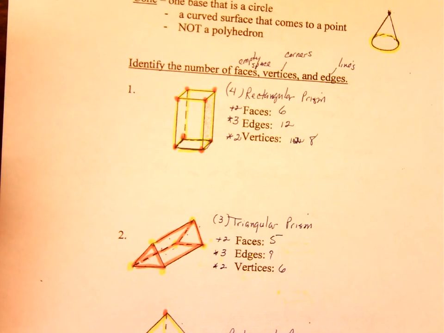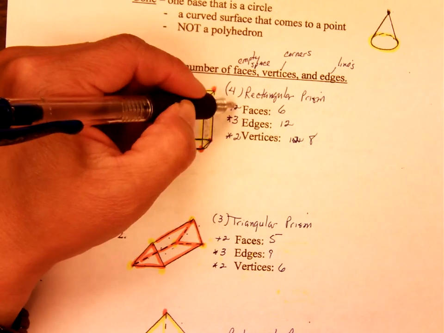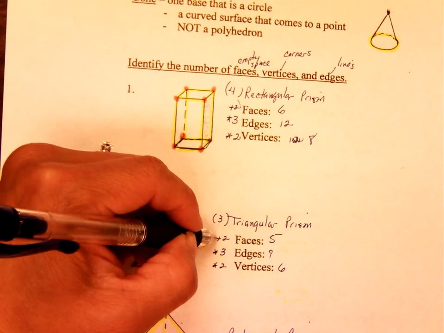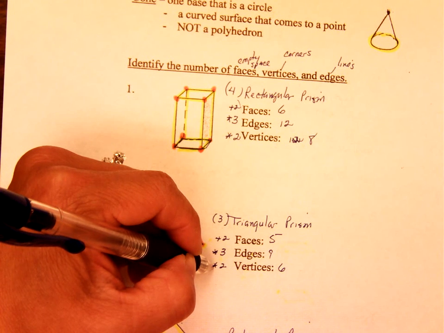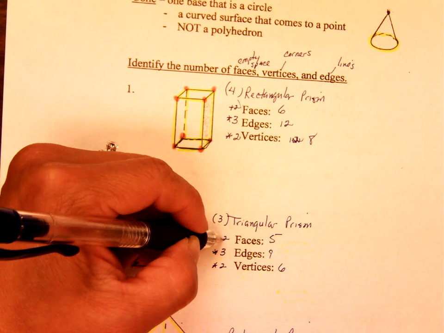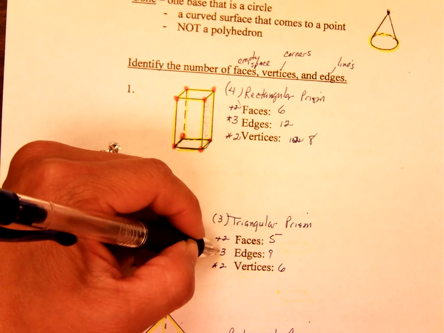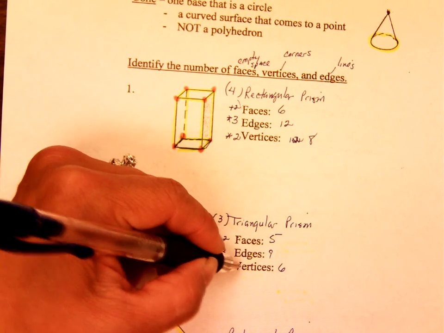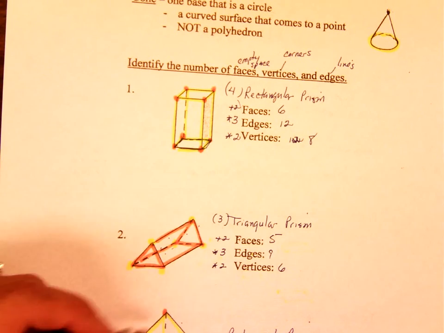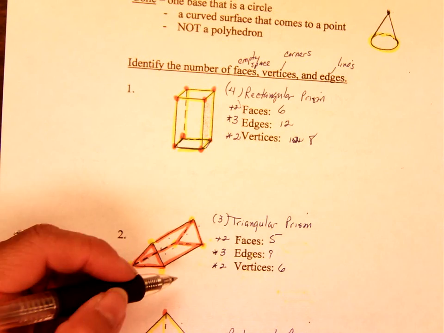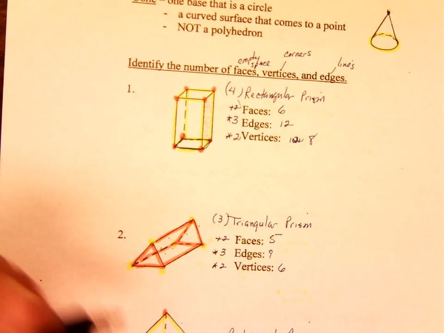And that works out. So if you know the pattern, plus 2 for faces, times 3 for edges, and times 2 for vertices, then for all prisms, if you know the number of sides of the base, you can figure out what faces, edges, and vertices are without having to count everything.